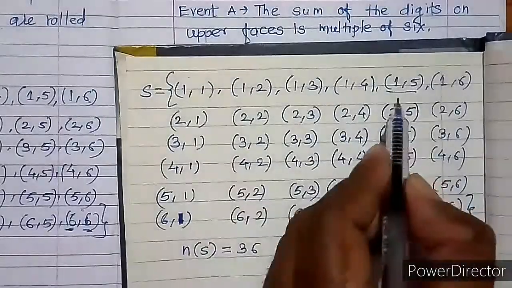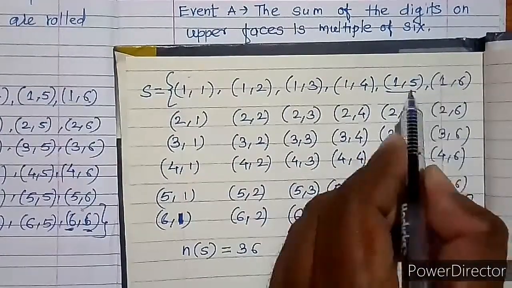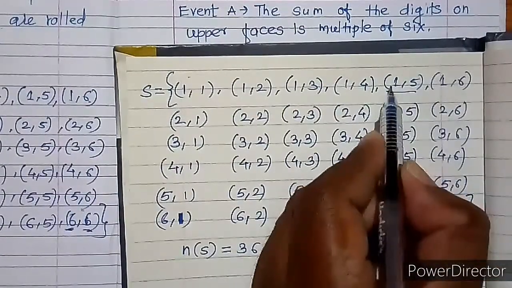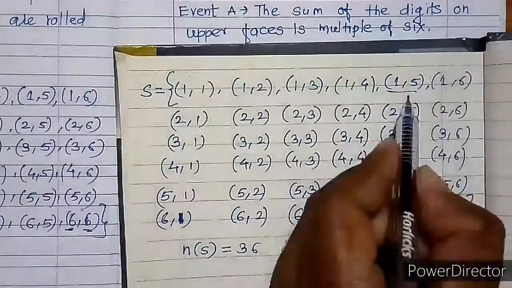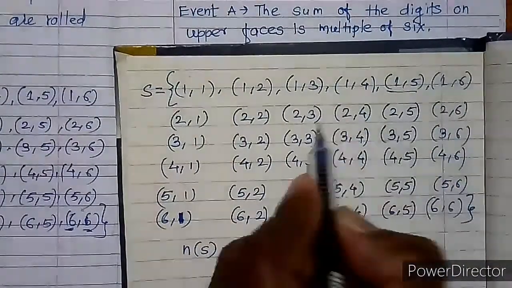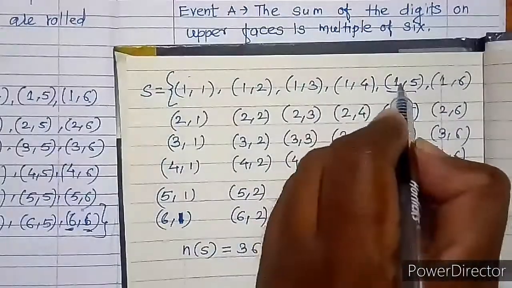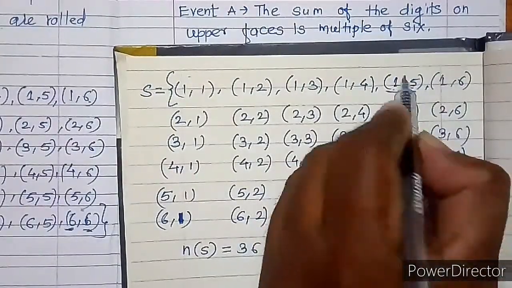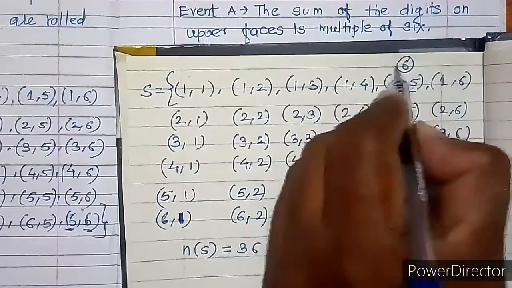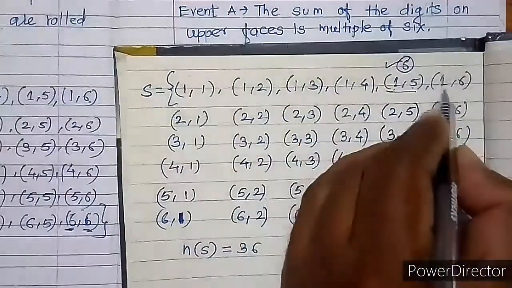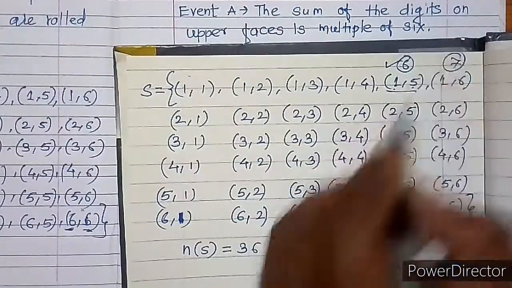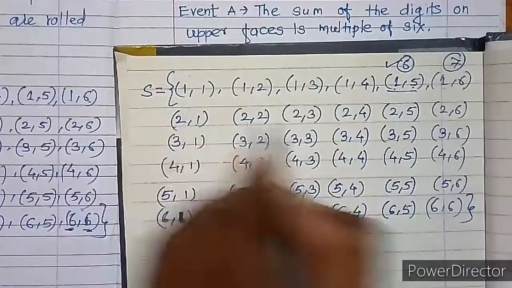Now check the sum of these digits, whether they are multiples of 6. Now we get the entry 1, 5, 1 plus 5 equals 6. It is a multiple of 6. Now 1, 6 is 7, not a multiple. 2, 1 is 3, not a multiple.